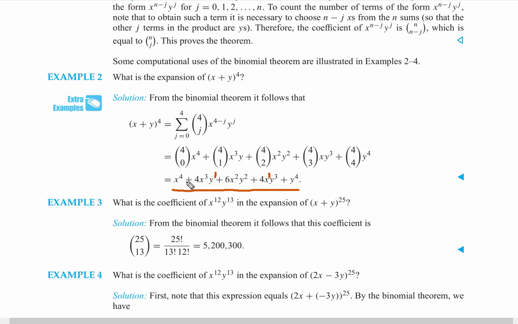This is called an expansion. So this is the expanded version of this power. Example 3: what is the coefficient of this term in the expansion of x plus y to the power 25? That's the biggest power we've seen so far. We will get a term like this because 12 plus 13 equals 25.